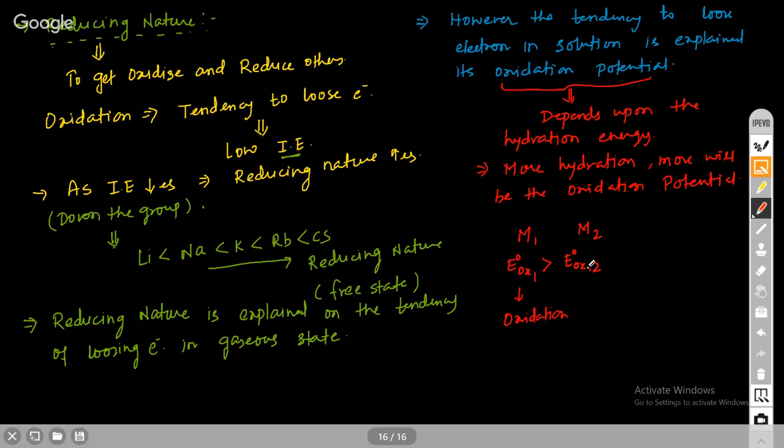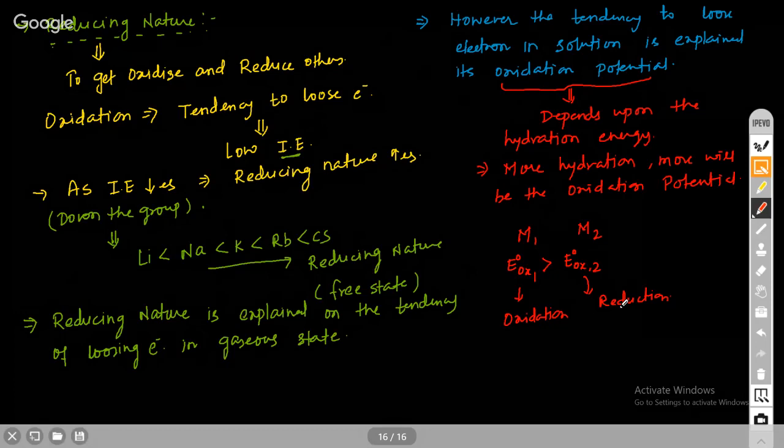Then the other will go under reduction. Whatever metal has more oxidation potential than the other metal present in the solution will go under oxidation. Whatever is more, that process will take place for that particular metal.